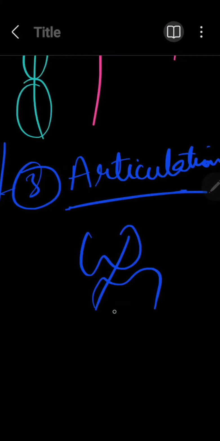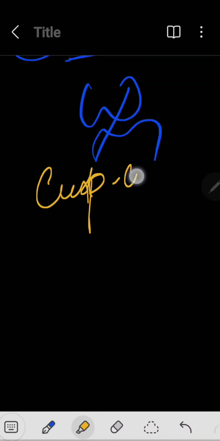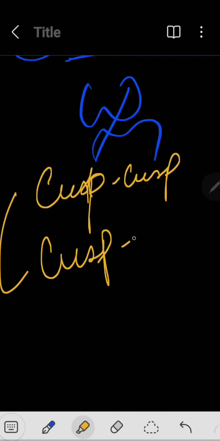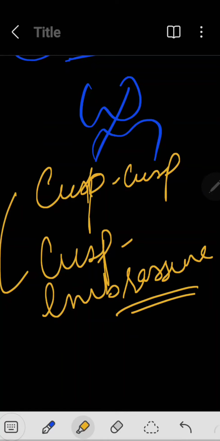There are basically two types of relationships which we may discuss here. One is called cusp to cusp relationship and the other one is cusp to embrasure relationship.